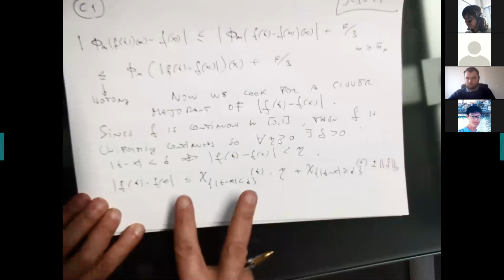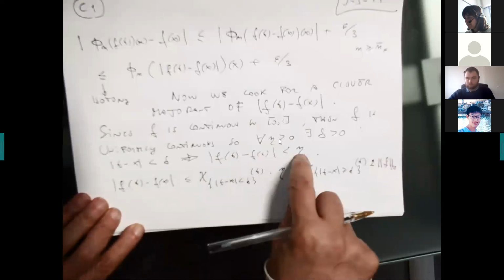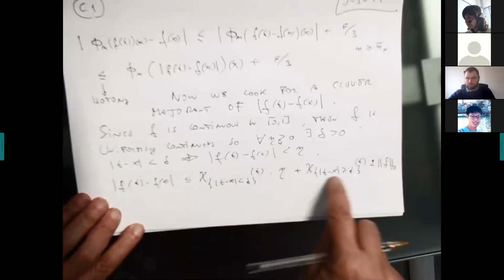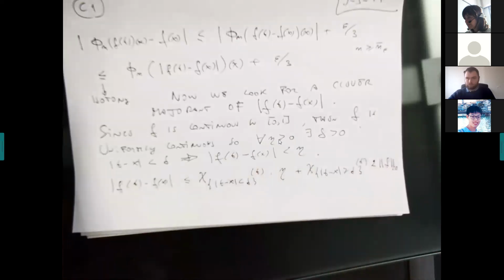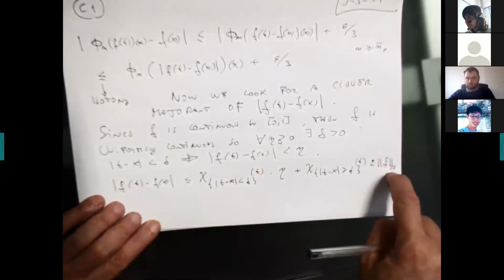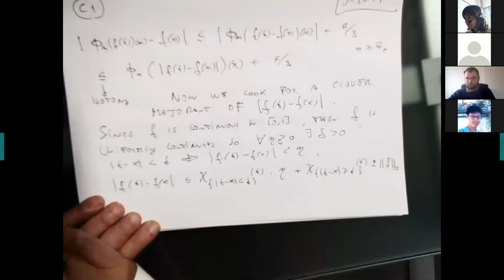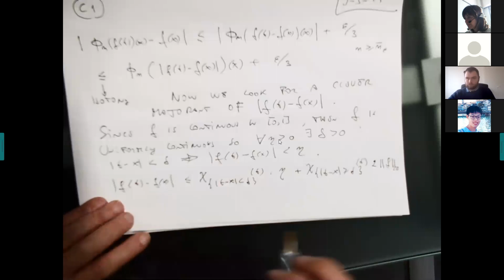Do you agree? So when this inequality is satisfied, then the difference is bounded by epsilon. When the inequality is not satisfied, the worst case can occur, and this worst case is 2 times the infinity norm of f. Okay, you agree with that?